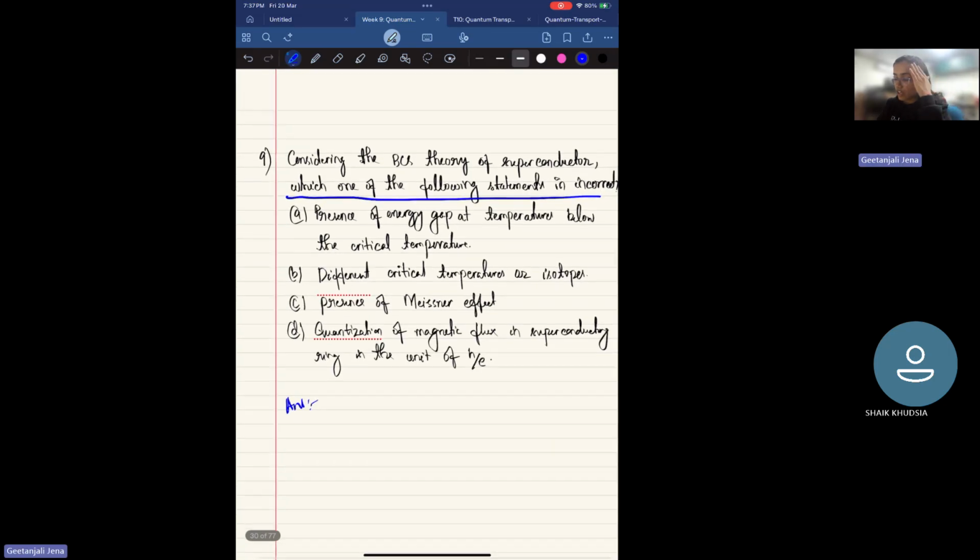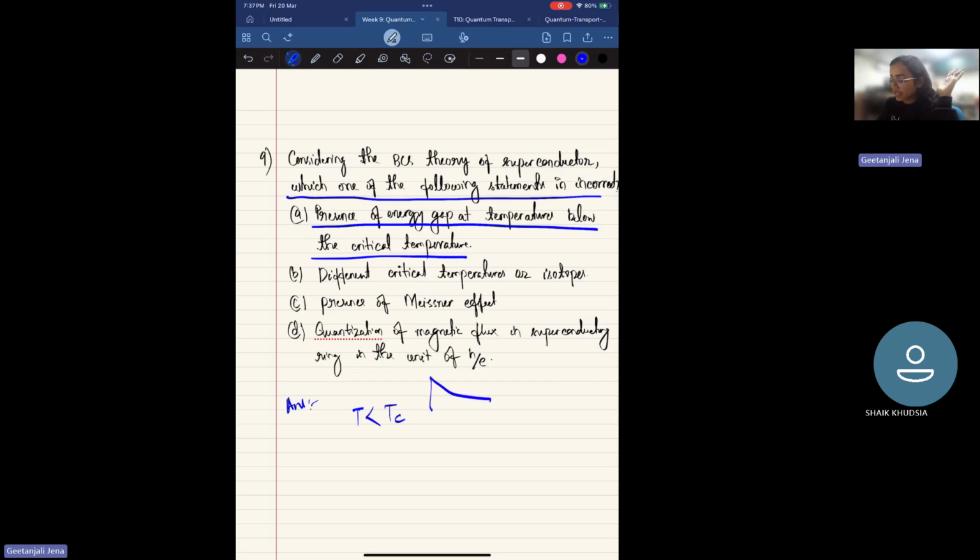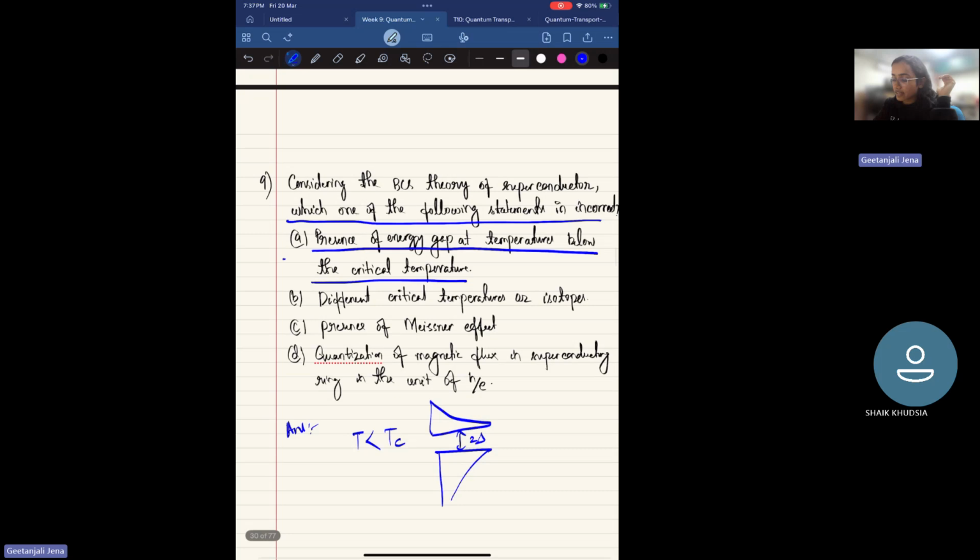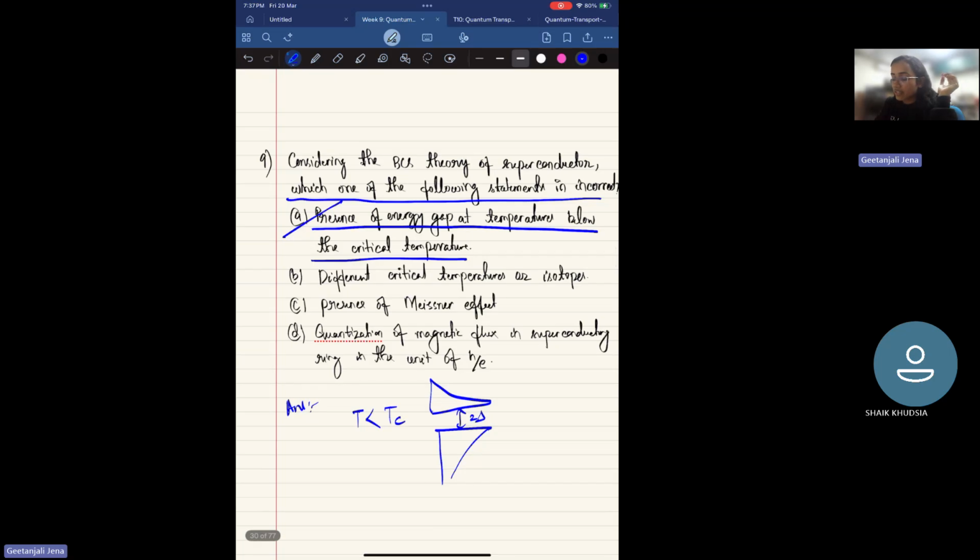Okay, so if you look at option A, the BCS theory tells that there is an energy gap at temperature below the critical temperature, which is correct because for temperature less than Tc, it's a superconducting state and we see a gap in energy because of this superconducting gap. So option A is correct. Option B, different critical temperature for different isotopes. What this means is that for different materials, we have different critical temperatures, which is also correct.